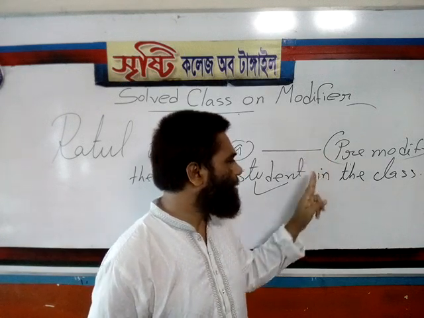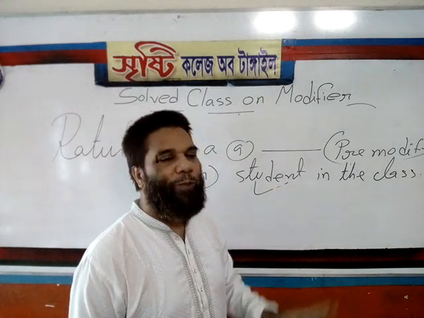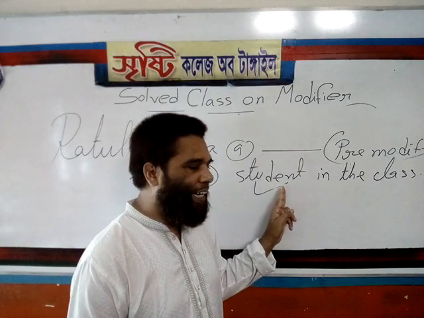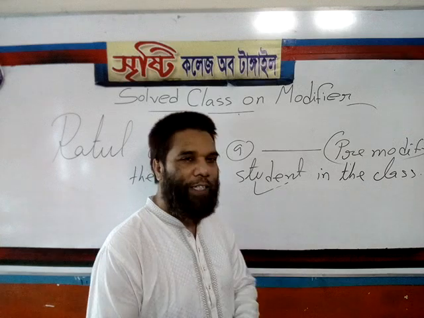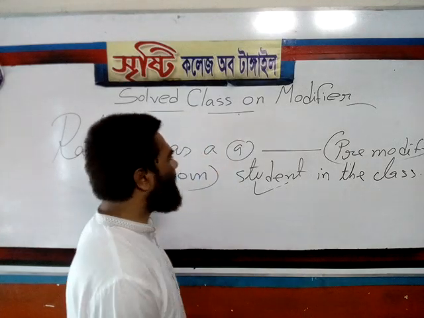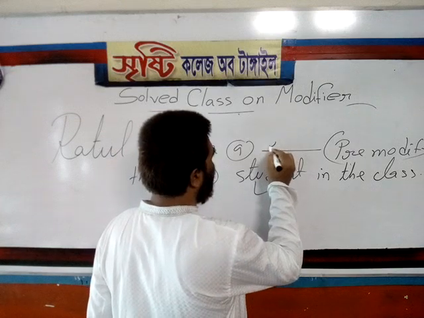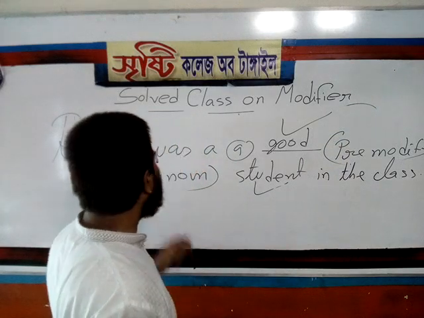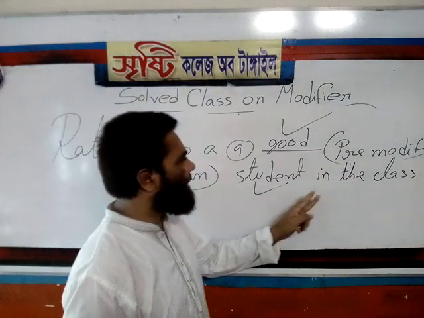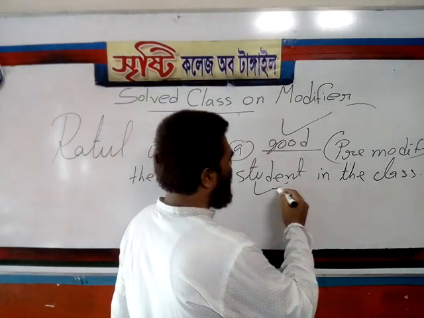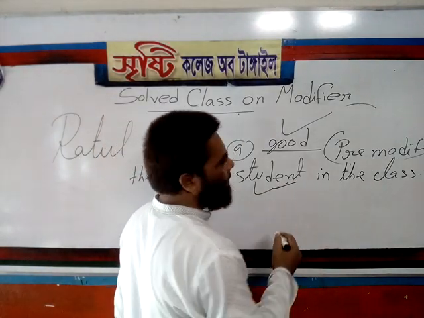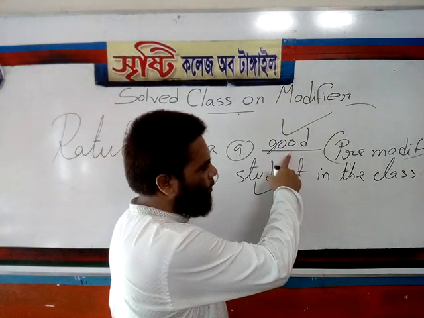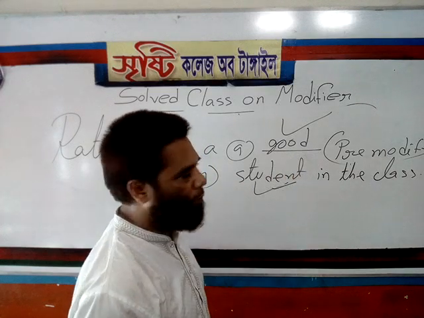Before using adjective before the noun, we have to identify the noun with the question how student. How student? If he was a good student. Here good is an adjective. Ratul was a good student in the class. That means noun student or Ratul got modified with the presence of adjective good. That means our answer is good.